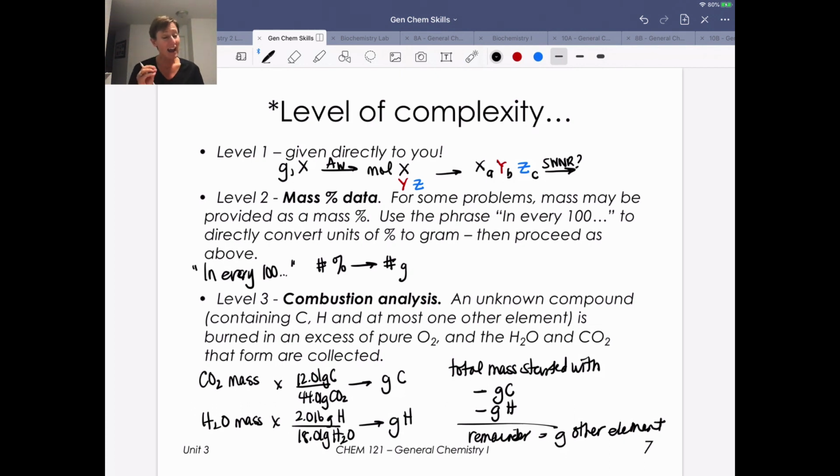Okay, so this is kind of a challenge problem, but for those of you who are up to the challenge, I encourage you to try to work through some of these combustion analysis problems to determine both empirical and molecular formulas. I know this one was a little bit long, and they're probably going to be a little bit longer here for chapter 3 because this information is kind of intense for this learning unit.